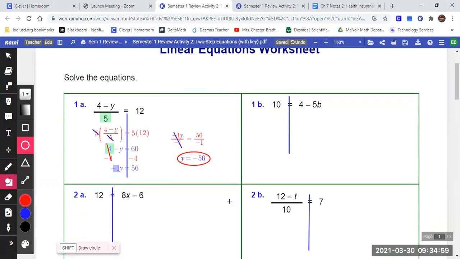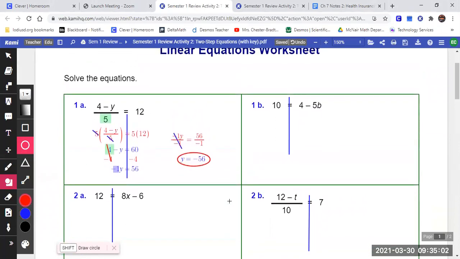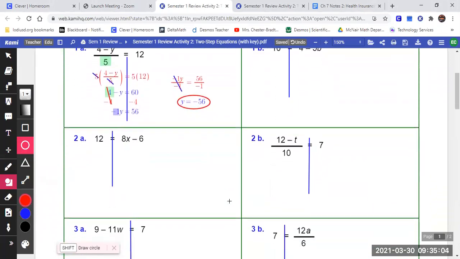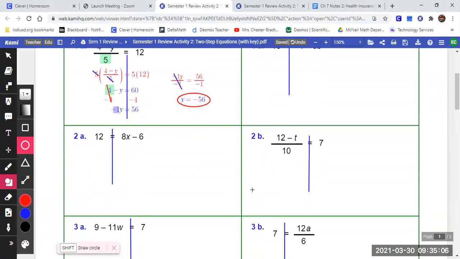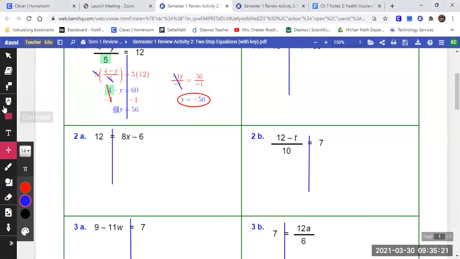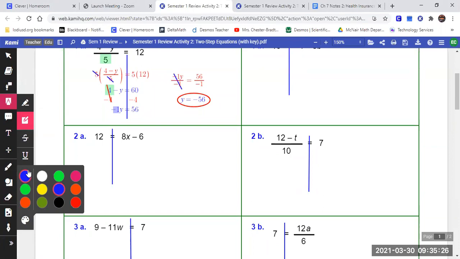Okay. So we're going to do that again on 2B because it's the same type of problem. I want to focus on a skill at first. Same process we just got done with. In 1A, what did I do first? We're going to do the same thing for this one, but instead we're working with this 10.